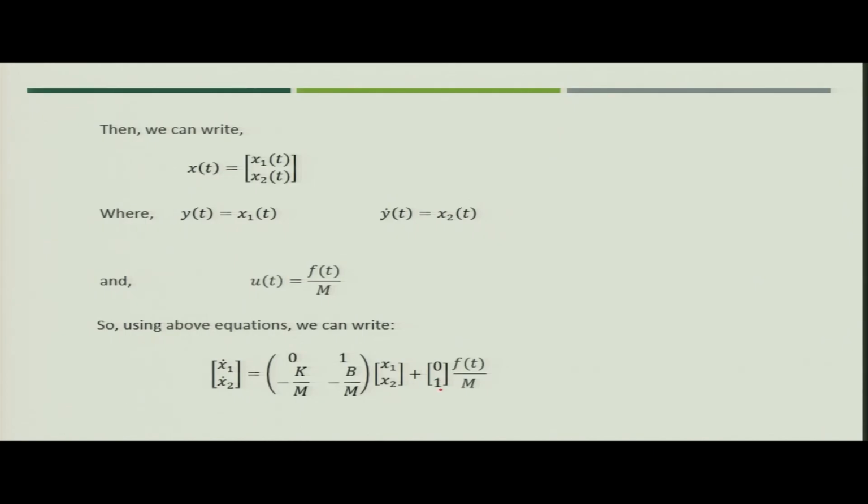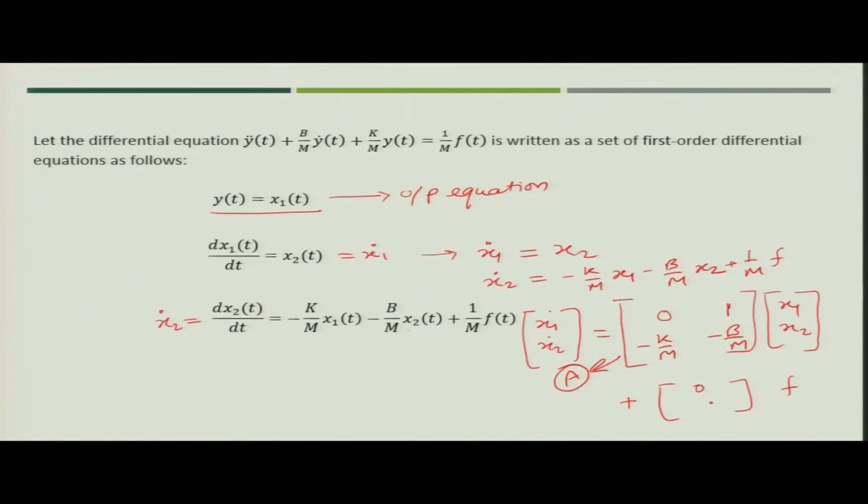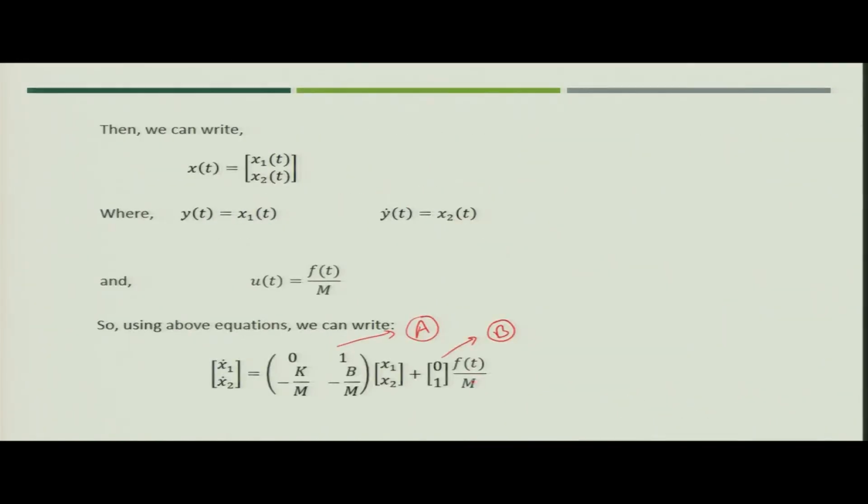So, that is 0 and 1 by m, and this is the A which you have got, this is B which you have got. Basically, in this case when we write, we can write 1 by m also, or you can take m out also. So, in that case, when you take m out, it will become 1 by m and the elements will be 0 1. So, x(t) will be the state vector where the elements are x1 and x2. y(t) is equal to x1(t) is your output equation.